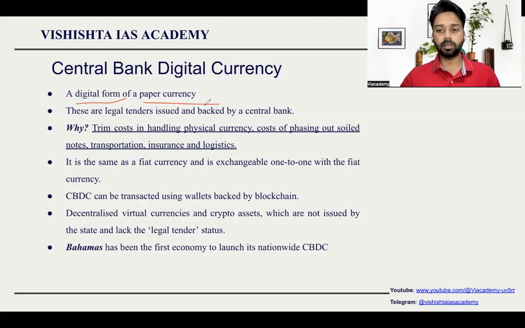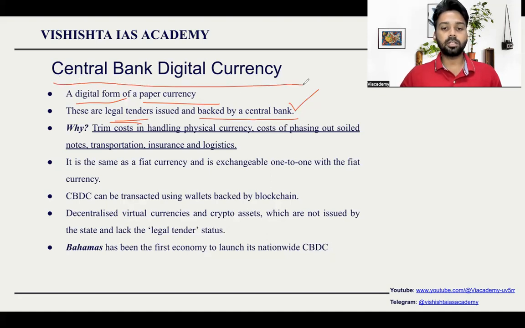Whatever paper currency we are having at present, it is a digital form of that. That's all. It is considered a legal tender, and it is issued and backed by a central bank. This point is very important because a cryptocurrency is not backed by a central bank, whereas the central bank digital currency, or the CBDC, is backed by the central bank.